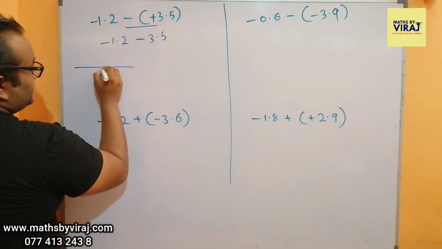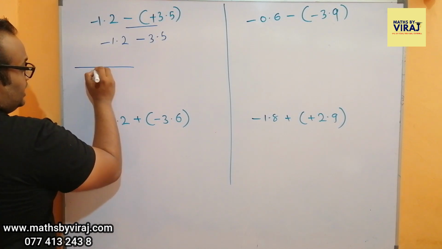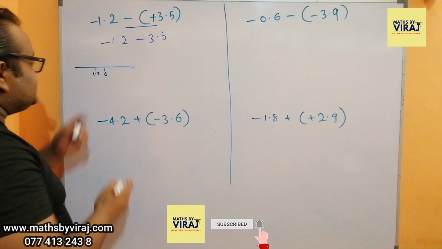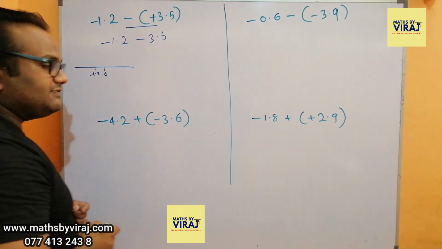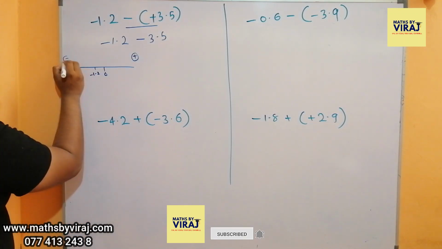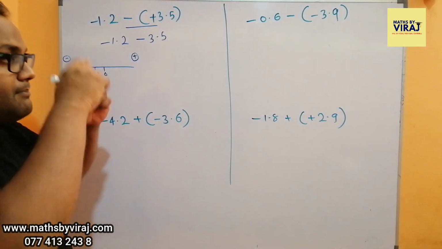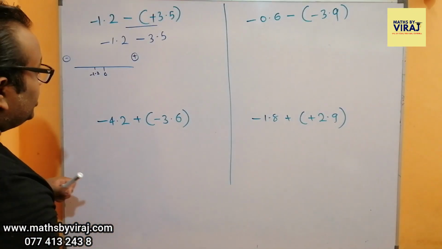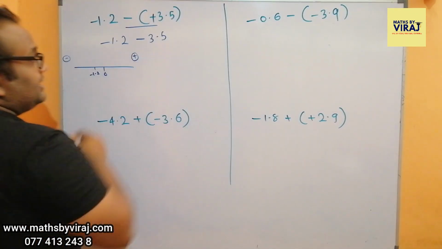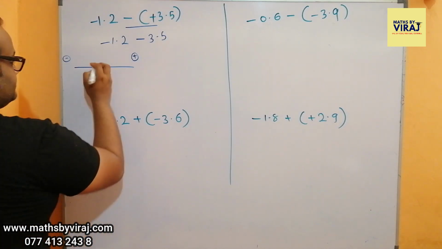Now, children, if this is 0, assume that you are in a position which is labeled as minus 1.2. This is your plus side and this is your minus side. From minus 1.2, you have to further move towards the negative side. How many times? 3.5 times.